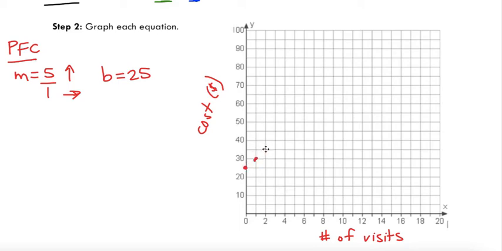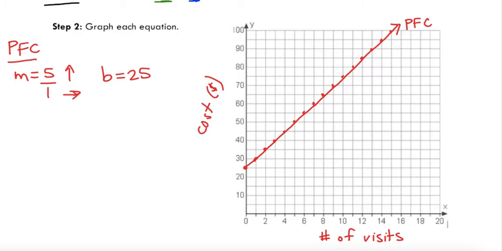I'm going to keep following that pattern until I run out of room on my grid, and then I'm going to connect these using a straight line. So this is PFC, Paris Fitness Club.